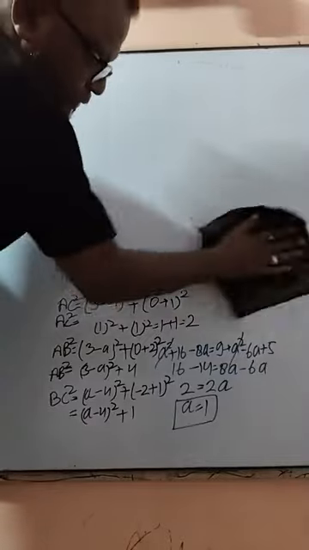What is the next question you want to ask? 14. What is that? Using the distance formula, show that the points A, B, C are collinear. Question 14.